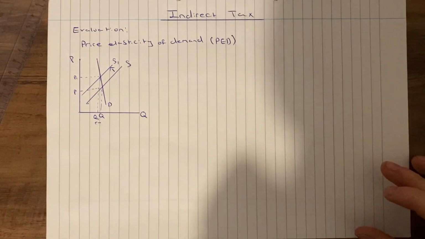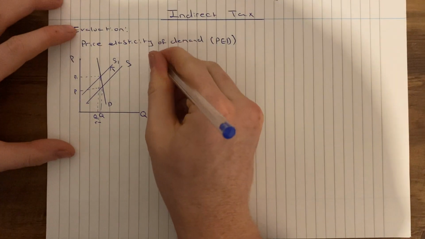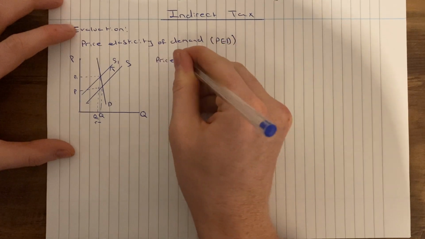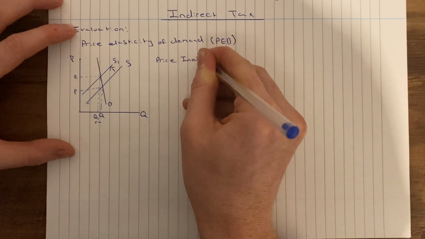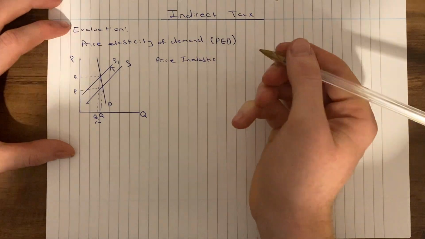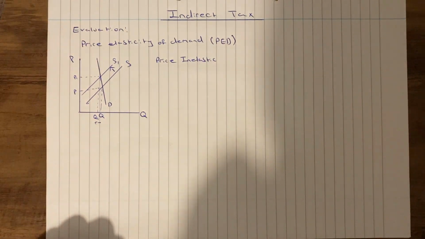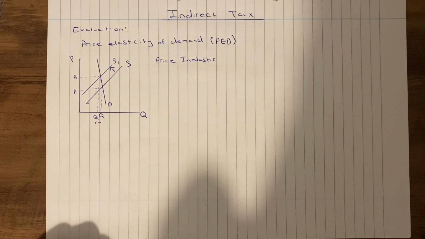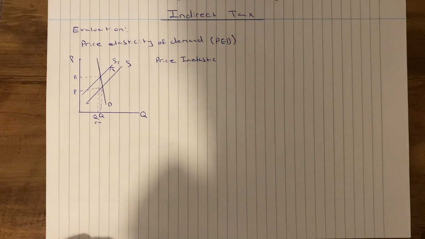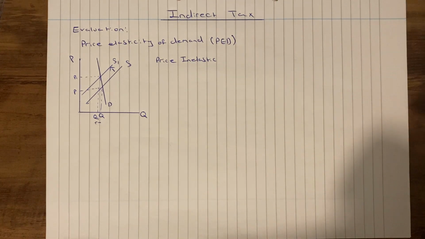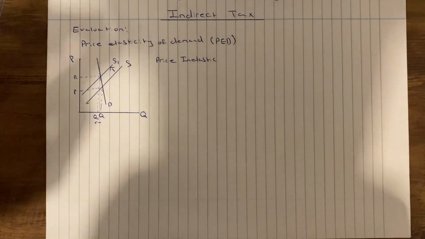Okay, so what we see here is a price inelastic demand curve. So a good maybe such as cigarettes, a demerit good, which is highly addictive. This may have a very price inelastic demand curve.